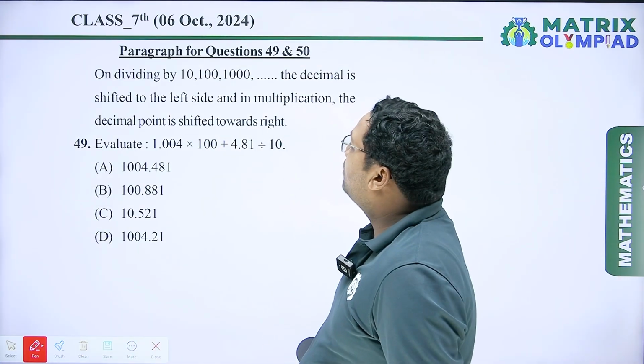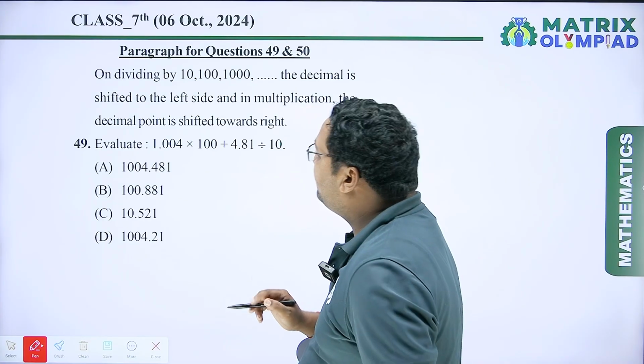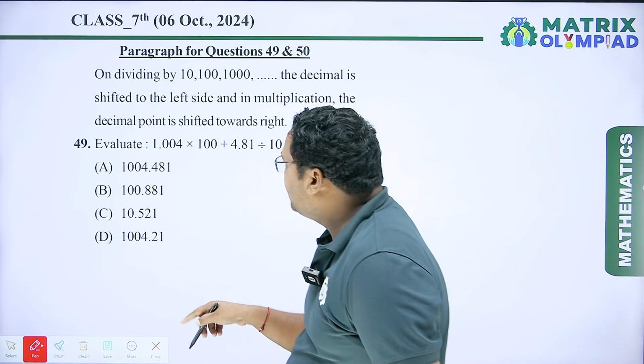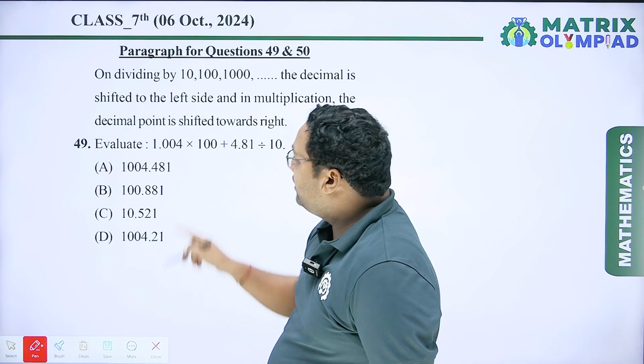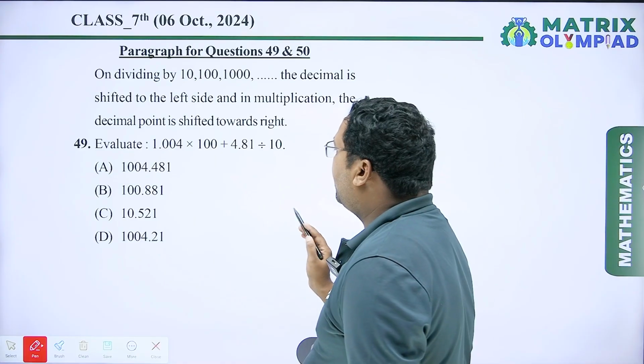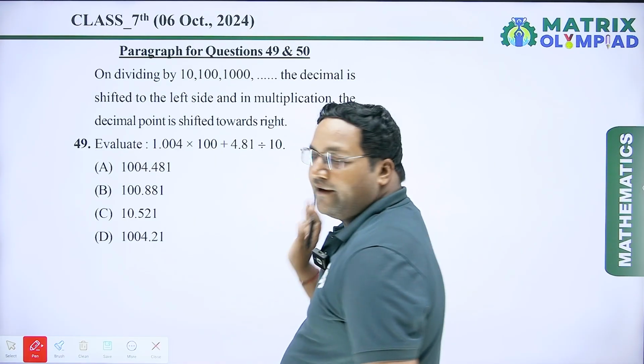Next paragraph is: on dividing by 10, 100, 1000, the decimal is shifted to the left side, and in multiplication the decimal point is shifted towards the right. So here the first question is, evaluate 1.004 into 100 plus 4.81 divided by 10.